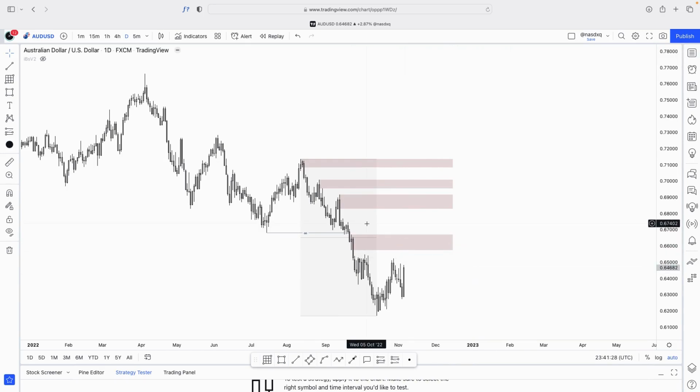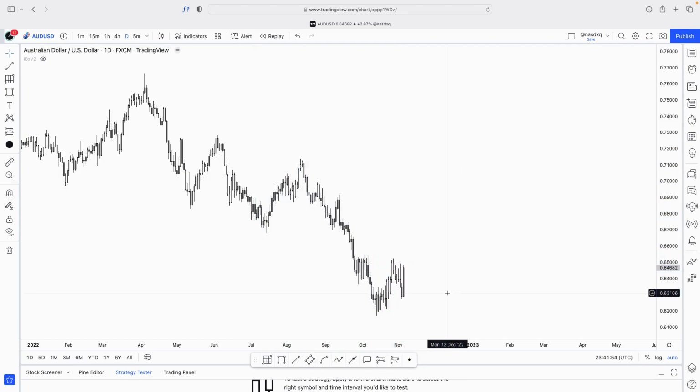It could be doing it as we speak, and when we look at it from this perspective, it looks all the more appealing for that to be the possibility into next week. The reason I'm thinking we could be coming to mitigate some of these zones, or at least one of them, is because if I clear all of this, I just want to have a look at the price action down here.